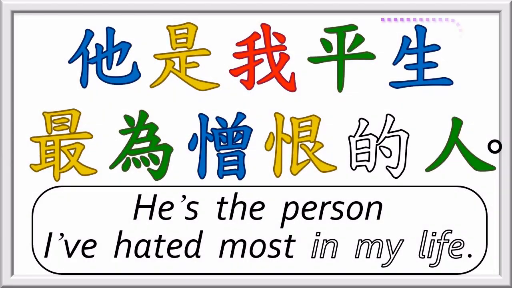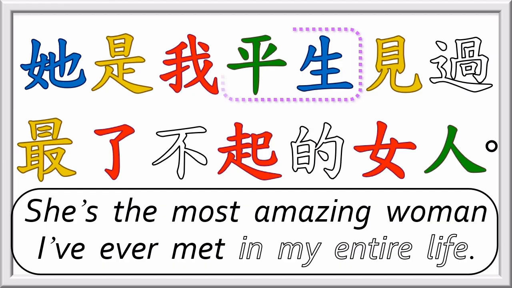The colloquial way to say all one's life up to now is 平生, literally, the even progression of one's life. 他是我平生最为憎恨的人。He's the person I've hated most in my life. 她是我平生见过最了不起的女人。She's the most amazing woman I've ever met in my entire life.